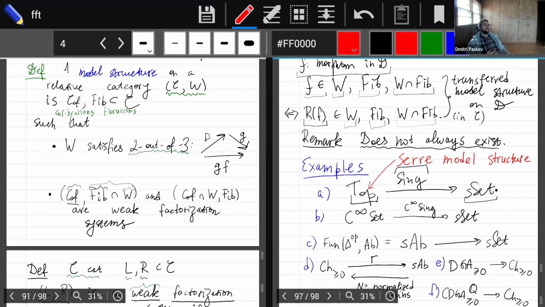In fact, any CW complex is a cofibrant object in this model structure, and in the opposite direction, any cofibrant object is a retract of something called a generalized CW complex, where you relax one of the conditions in the definition. So that's probably the quickest way to construct this model structure. You just transfer it from simplicial sets.